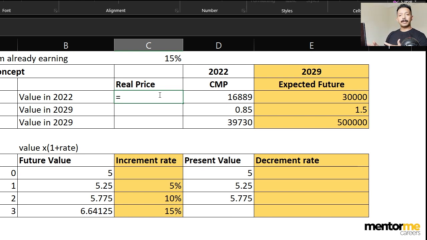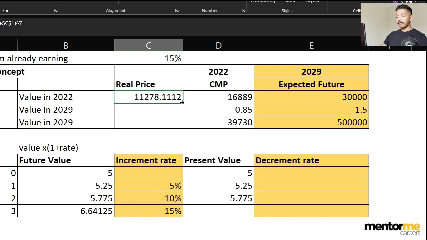Then how do we find out the present value? Very simple. Expected future price divided by, as we discussed, 1 plus the rate of discounting, which is 15% in our case, raised to whatever the gap is. So 2029 to 2022 is a gap of 7 years, so I raise to 7, and I should get this value as 11278.